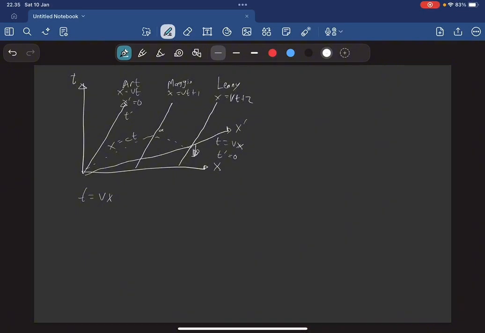To give it a name, it is a surface of simultaneity in the moving frame. It plays the same role as the surface t equals 0 does for the rest frame.